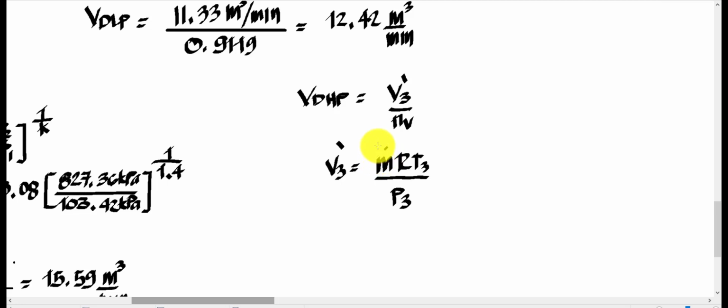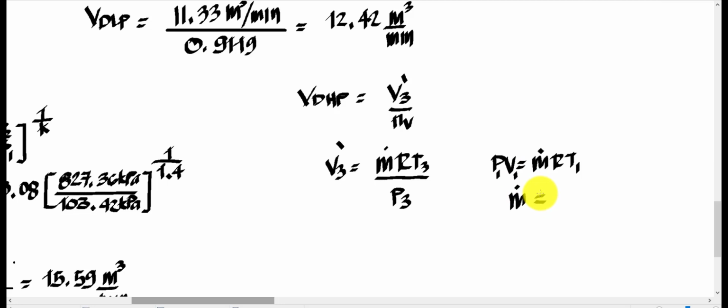Initially, from the start on, we can compute our mass flow rate from your PV equals mRT again, using point 1. Since we have the given for point 1 and we have the given for T1 also, we can compute the mass flow rate using point 1.